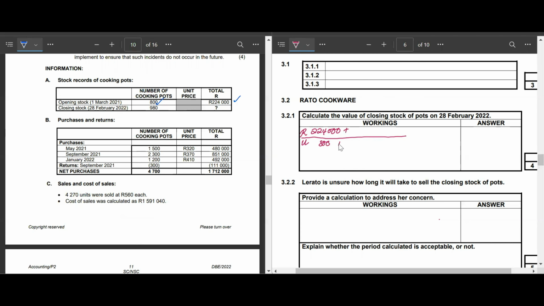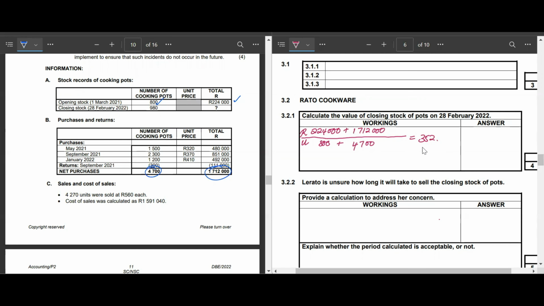Then the next thing we need are purchases. Then we add carriage, then we subtract returns. In this paper, we have net purchases, which makes it even easier. So I'll say plus 1,717,000, and at the bottom I'll have 4,700. Therefore, it will give me the average price, that is 352.